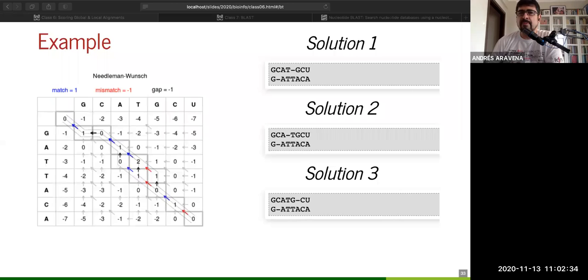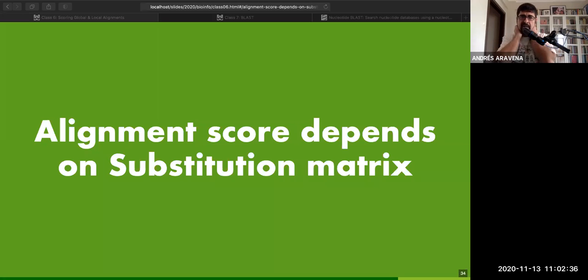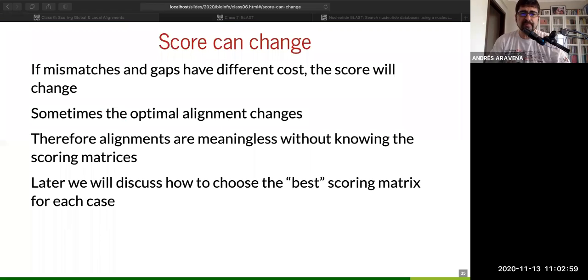The other point that I want to make is that the alignment score depends on the substitution matrix. Okay, I mean, it should be obvious, but if you have PAM and BLOSUM and they have different names, or if you put that the mismatch of DNA is -1 or -4, the value will depend on the matrix. If you change the matrix, you will have different scores.